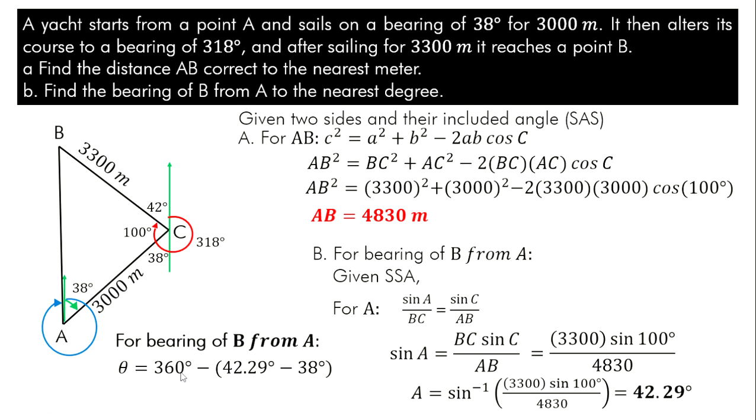So 360 degrees minus angle A, which is 42.29 degrees, minus the 38 degrees. Subtracting that, we obtain 355.71 degrees. If we round off to the nearest degree, that is 356 degrees.